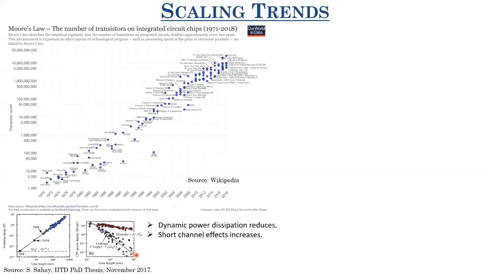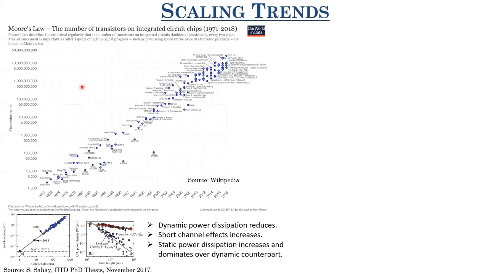However, as you reduce the gate lengths, the static power dissipation increases exponentially, and close to 20 nanometer gate length, there is a crossover. Beyond the 20 nanometer technology node, the static power started dominating the dynamic power.